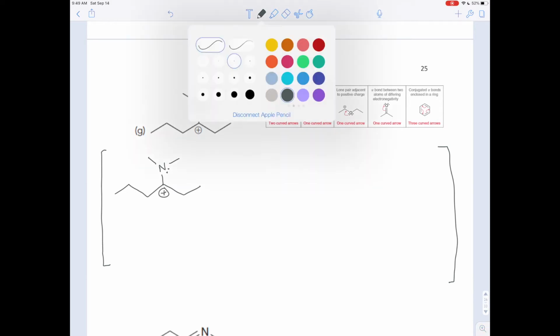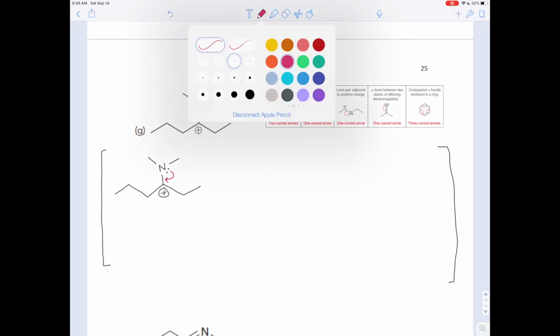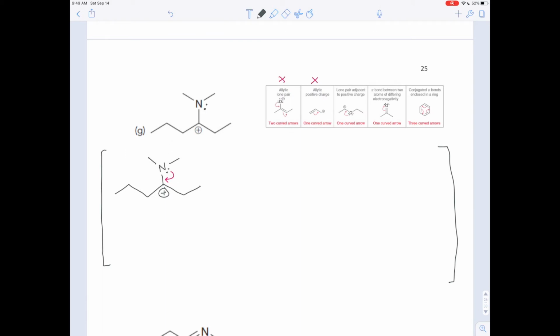And the curved arrow pattern that goes with this is anytime you have a lone pair adjacent to a positive charge, the lone pair goes to form a pi bond toward the positive charge. Let me make that more clearly onto that bond. So, also, just so we can calculate formal charges a little more easily, I'm going to draw the hydrogens in.